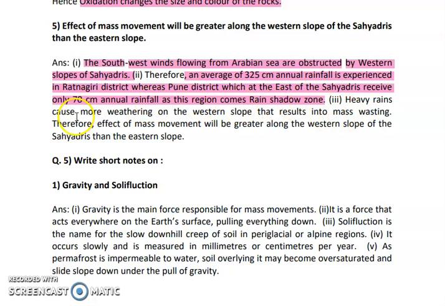So these heavy rains cause more weathering on the western slopes, and less weathering on the eastern slopes. So because of that, we can conclude that the effect of mass wasting is higher on the western slope as compared to the eastern slopes.